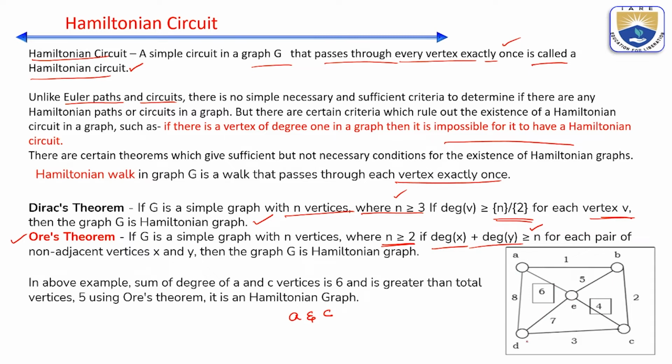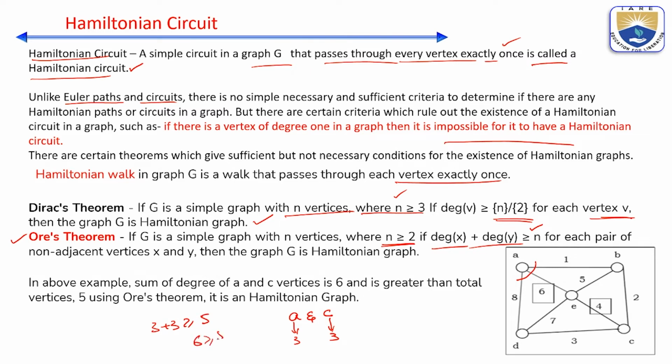So only AC and DB are non-adjacent vertices. What is the degree of A? Sorry, the degree of A is 3, and the degree of C is also 3. What about the sum of the degrees? So 3 plus 3 is greater than or equal to how many vertices?